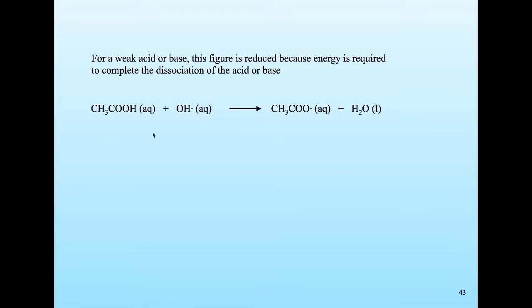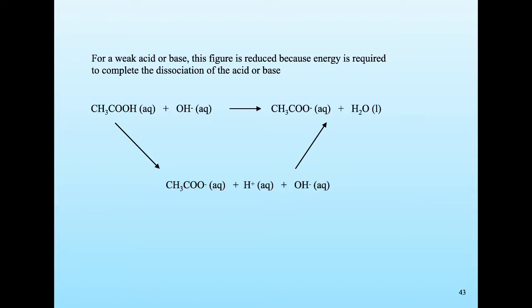So it's just acid plus base, salt plus water. However, for the ethanoic acid to react, we have to break the OH bond to produce hydrogen ions that can then react with the hydroxide ions to produce the water.